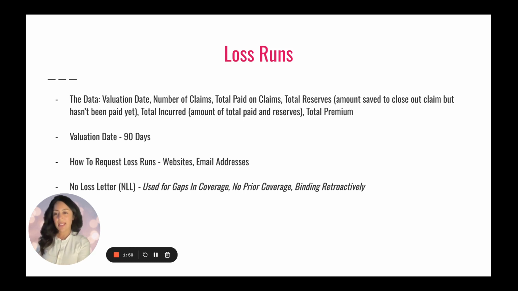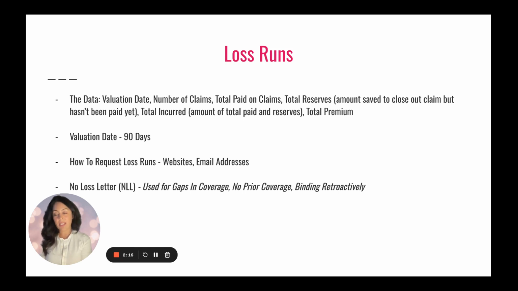So the data that's included on the loss runs report is going to have the valuation date. That's the date that the report was generated. And it's important that that valuation date is always within 90 days because an employee could have an injury, and then when they go to the doctor, that injury could be tied to a policy. Maybe they have a backache and they never went to the doctor.